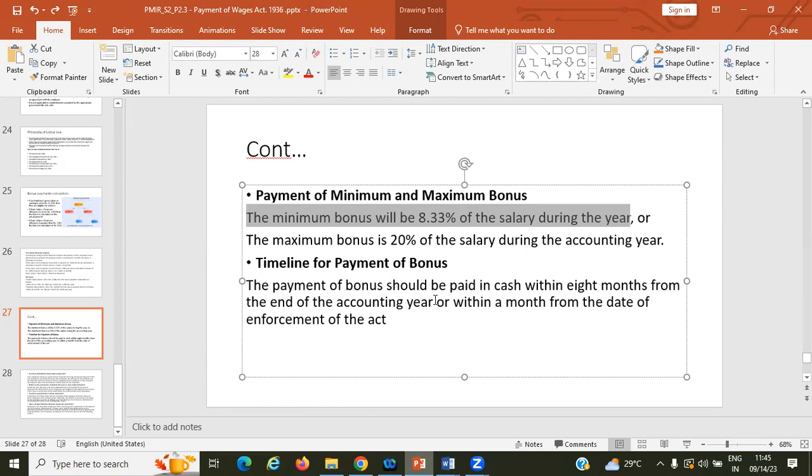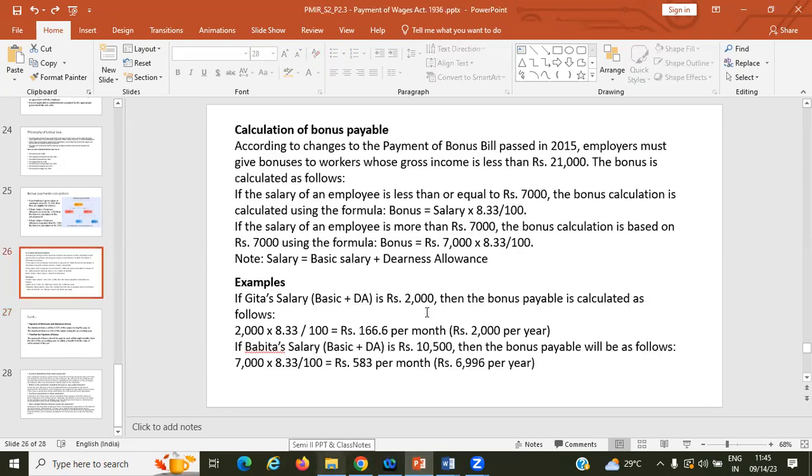But you remember how the calculation happens, what the payment date of the bonus is, and the timelines. The most important things are calculation and timeline. Remember these things.